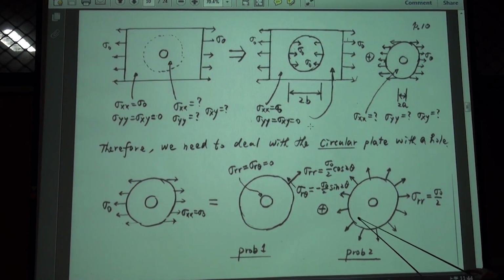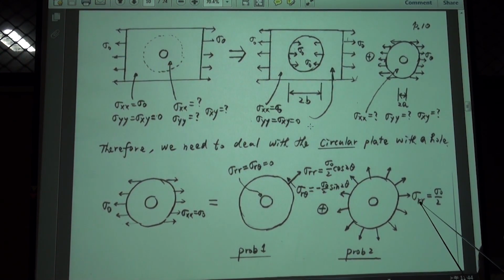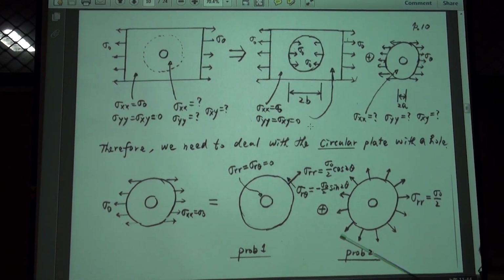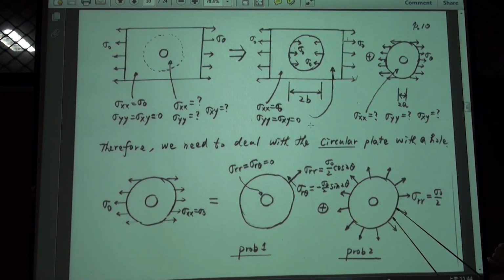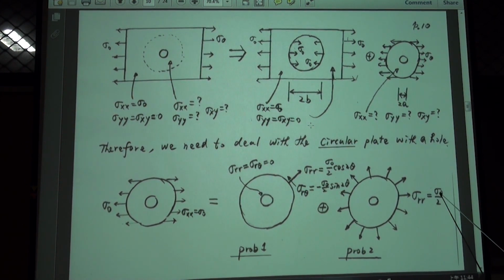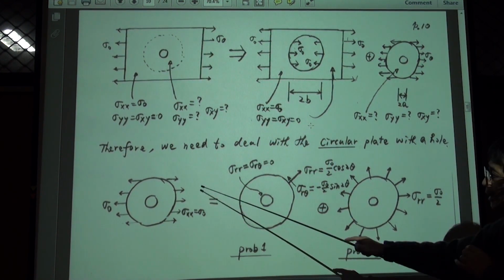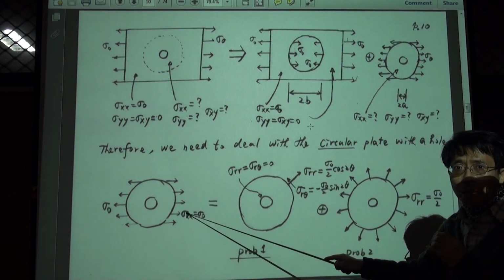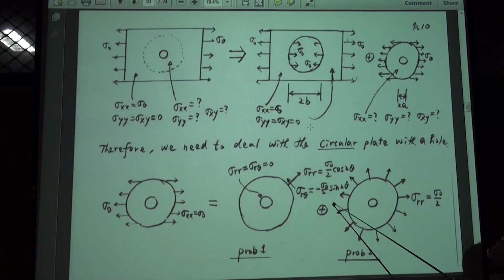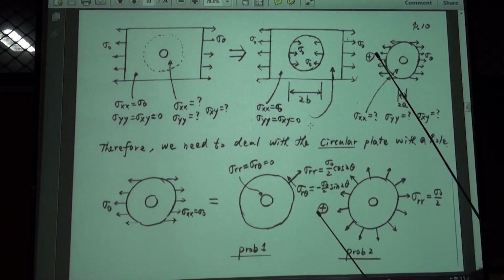In the second problem, we have a visually symmetric simple tensile stress state along the circular plate. The radial stress here is sigma r equals sigma 0 over 2. Why such a simple tensile stress state can be decomposed into this periodical one and this visually symmetric one, I will explain later.